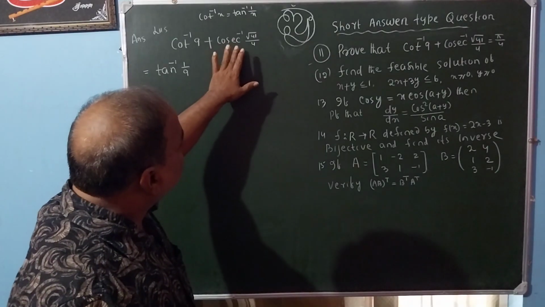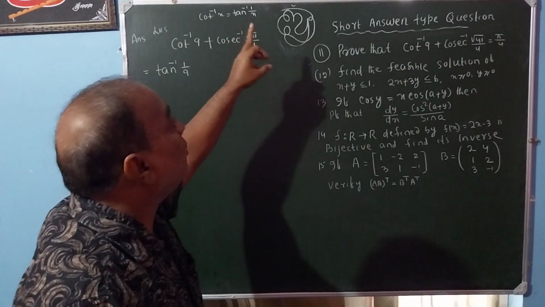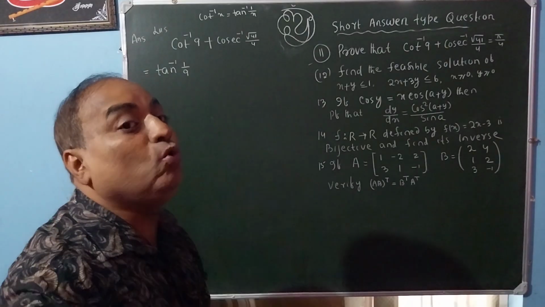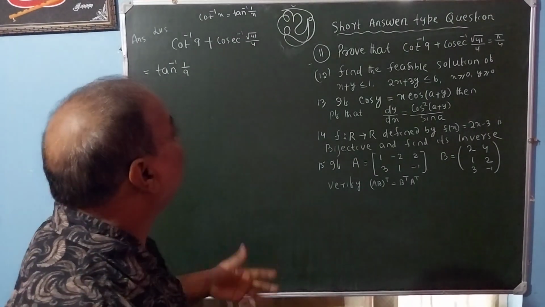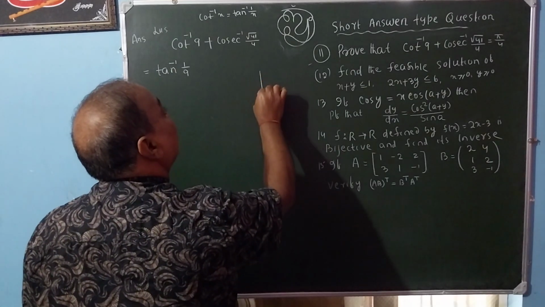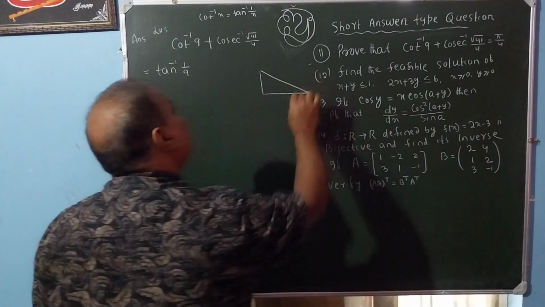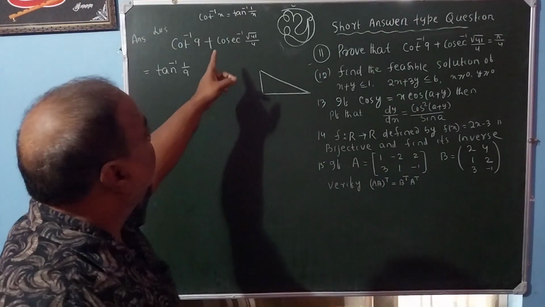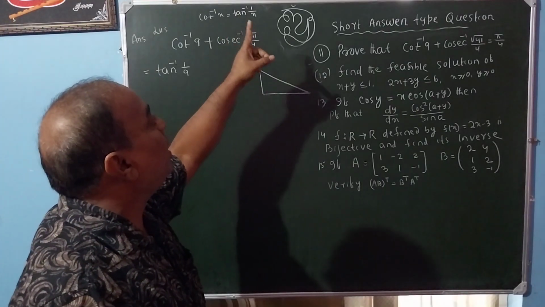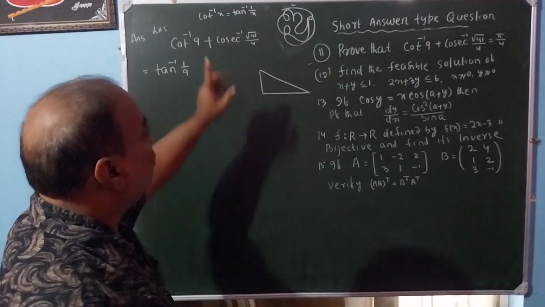Now our aim is to bring cosec inverse root over 41 by 4 to tan inverse. That is the conversion. So you make a right angle triangle, and by using this triangle you convert cosec inverse root 41 divided by 4 to tan inverse.